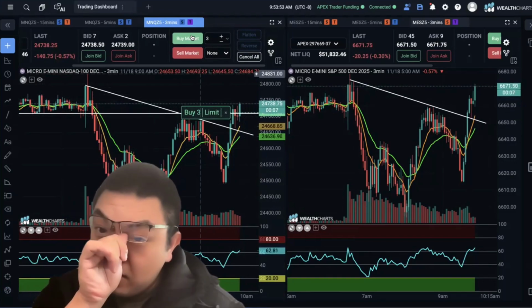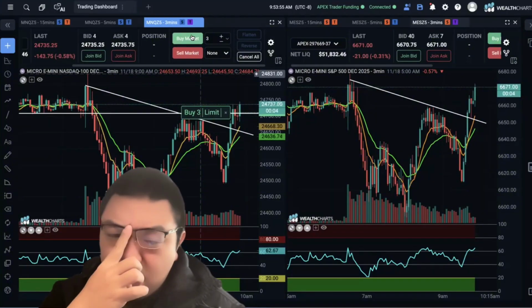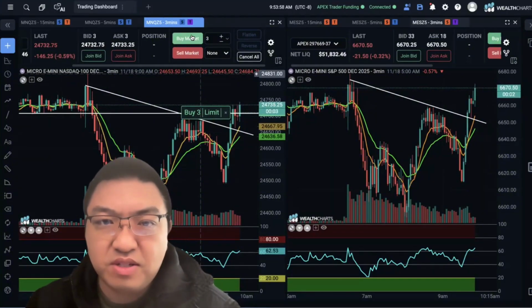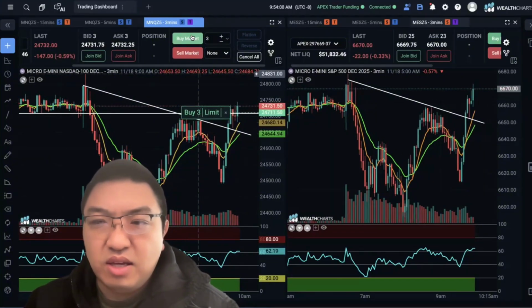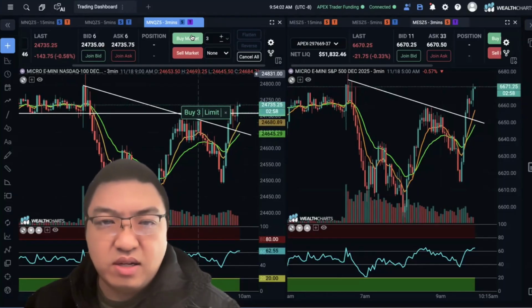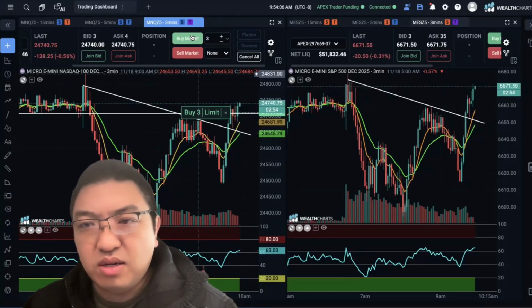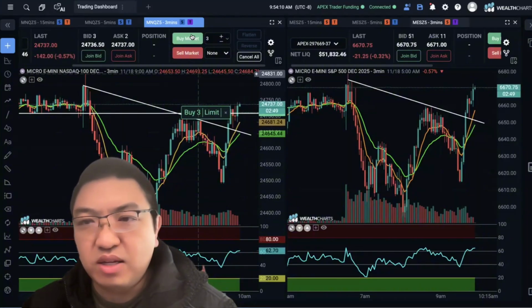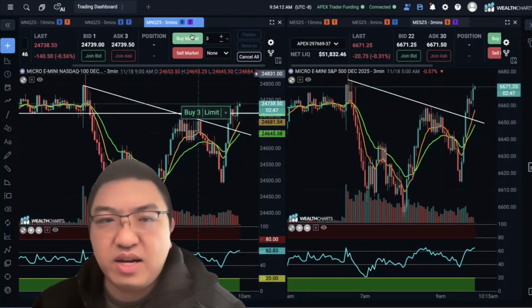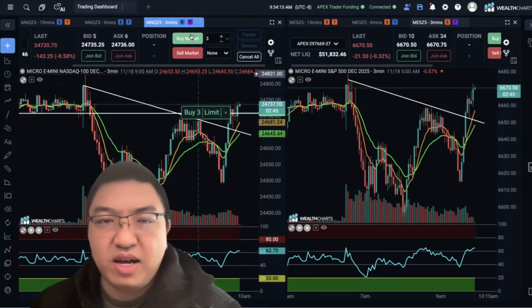So whenever there's a divergence like this, we always take the direction as per the first breakout. If ES and NQ are both sideways, then we see some preference from NQ that is going down, so we go short. But it looks like ES has a breakout and NQ is falling behind. So okay, direction is upward.